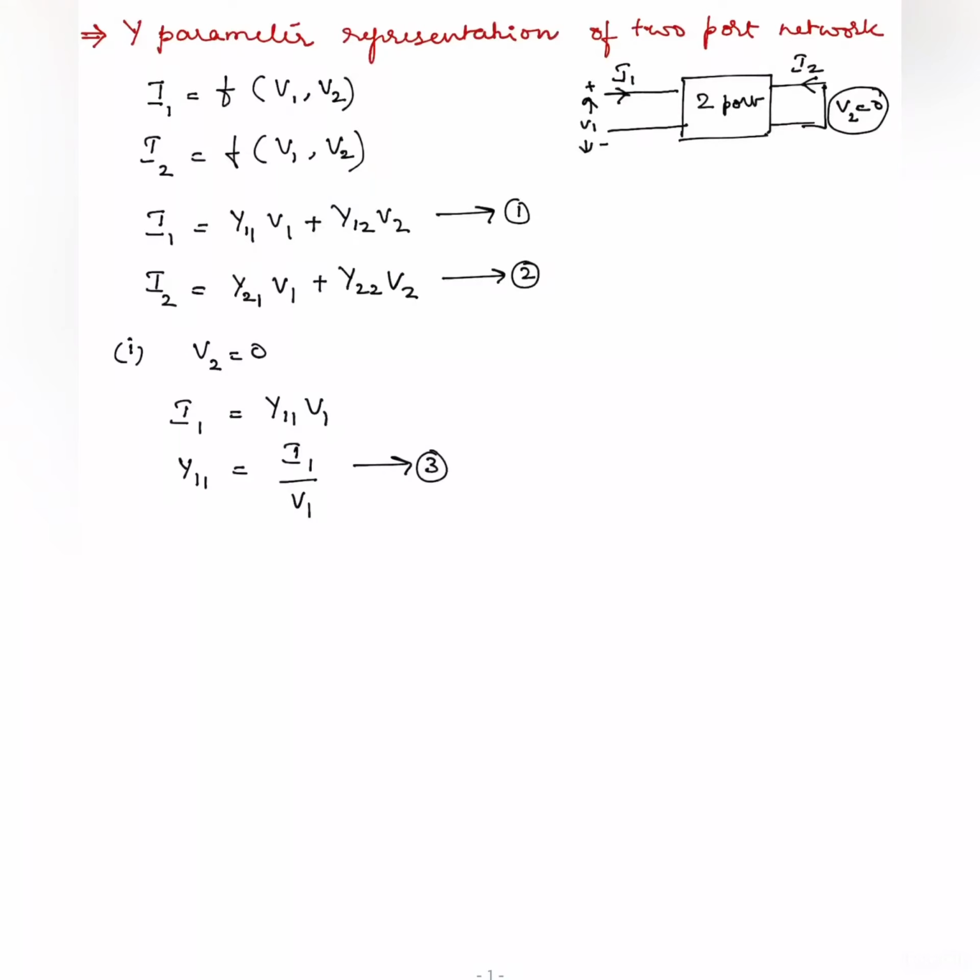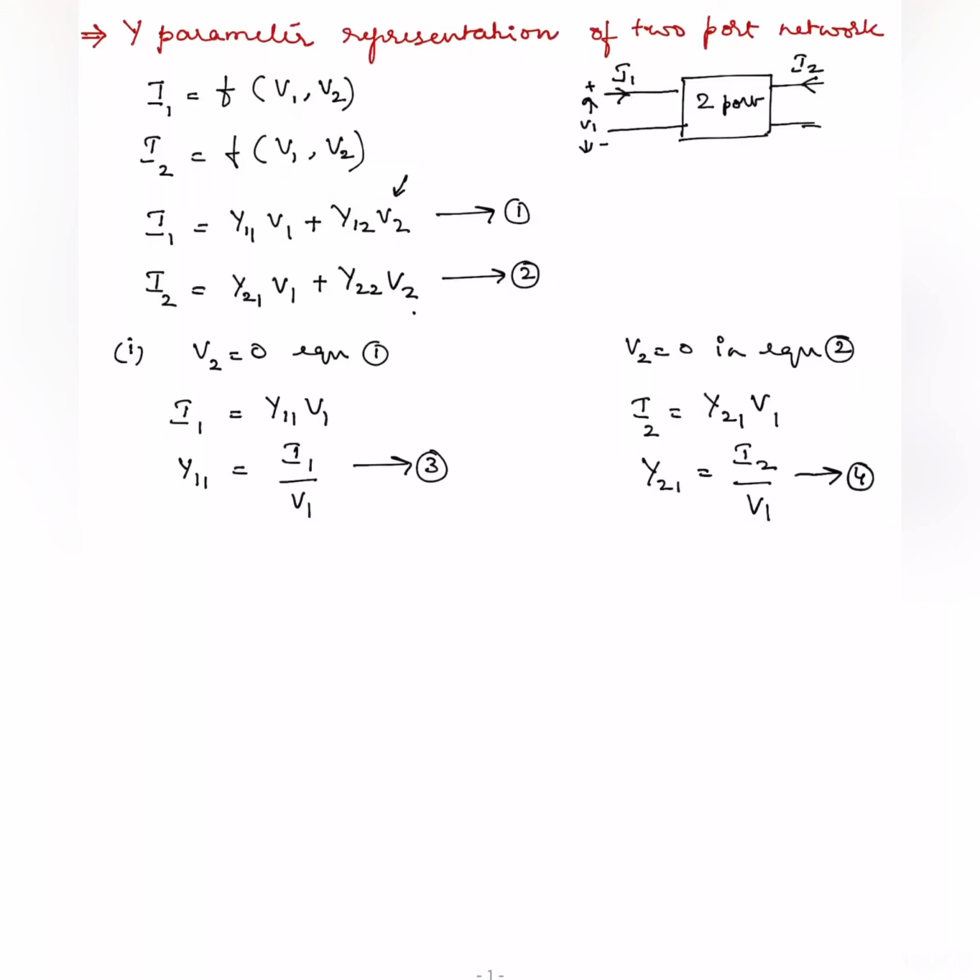Similarly, putting V2 equal to 0 in equation 2, you get I2 equal to Y21 into V1. So Y21 is I2 by V1. This is equation number 4. Now what is the other condition possible? You need to have a look at the equations. We have already said V2 is equal to 0.